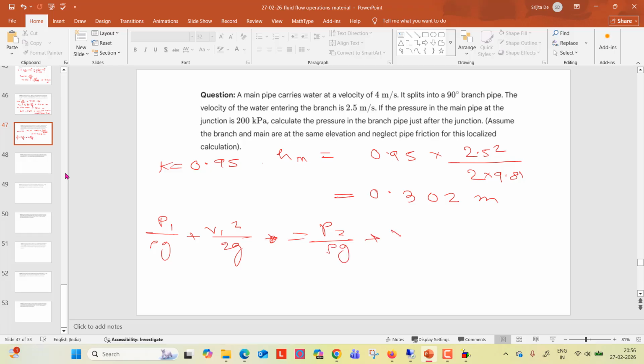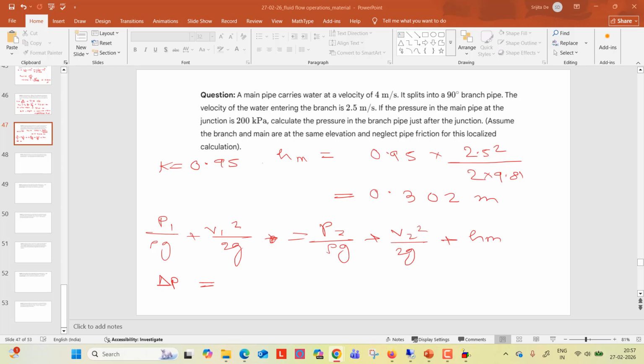So now this pressure difference delta P is coming as, if you calculate you will understand, V1 square minus V2 square by 2G.